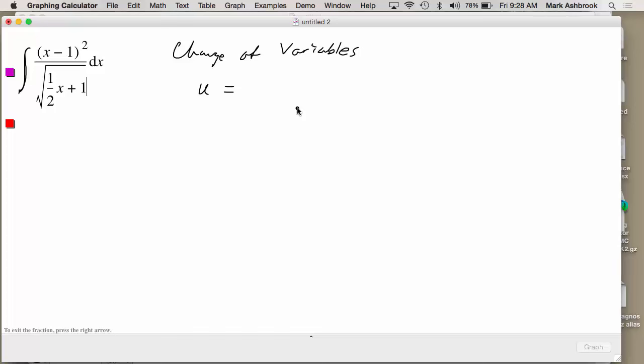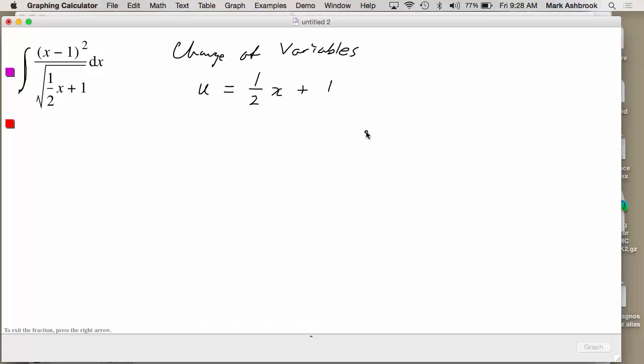So what could we let u equal? That whole thing, 1/2 x plus 1. And so we're looking at getting the square root of u. This is nice because if I get a quadratic on the top, I can combine that with all three terms, and then it makes this kind of fraction go away.